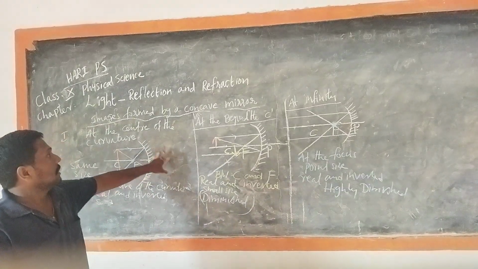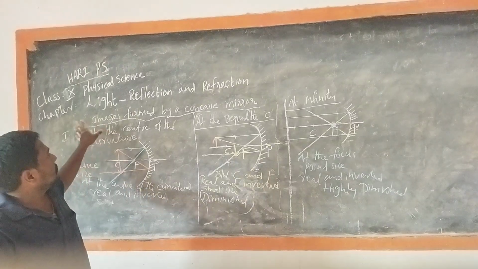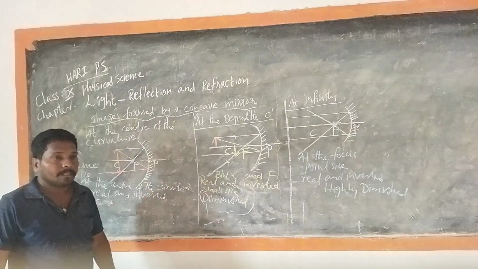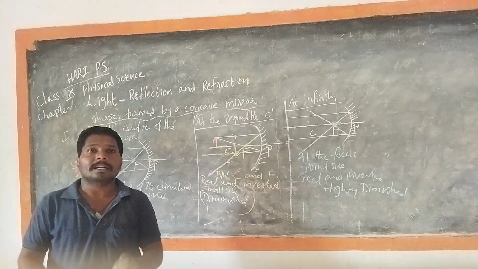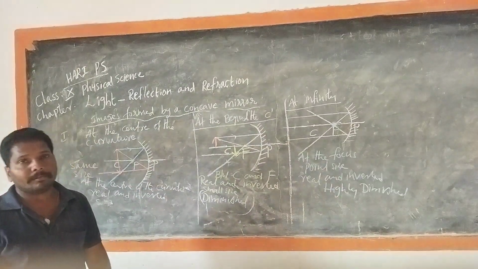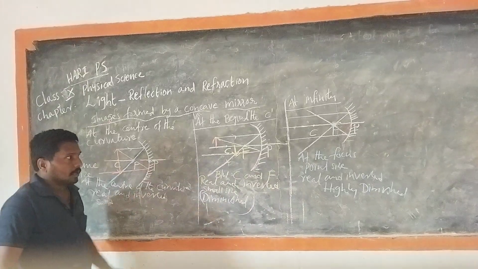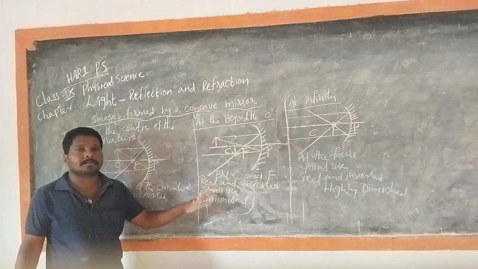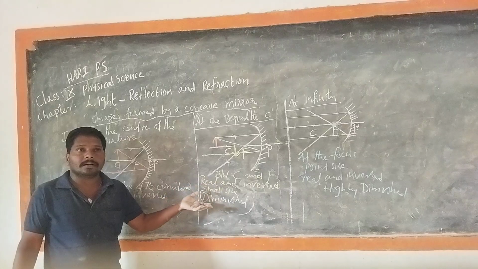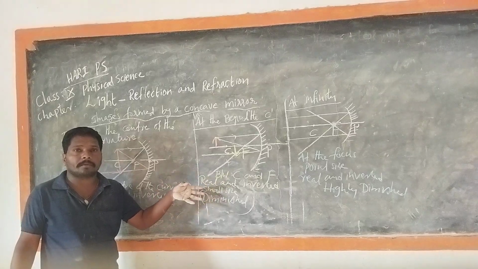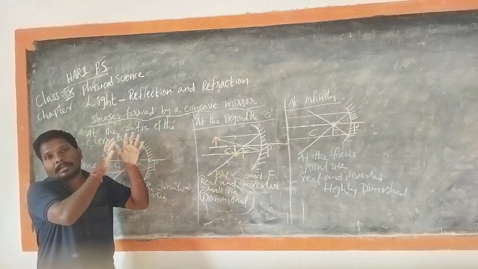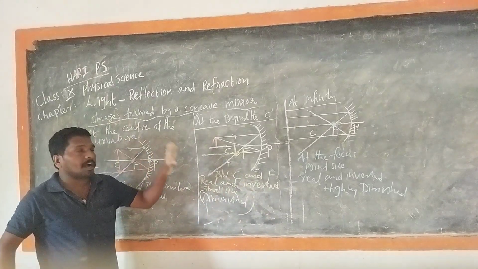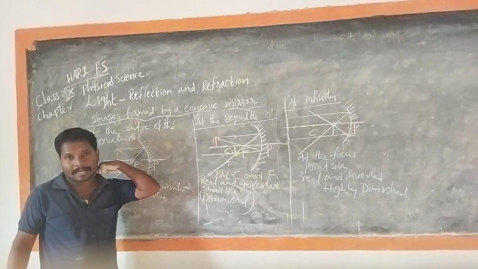These diagrams are called ray diagrams. While drawing ray diagrams for understanding the image formed by a concave mirror, you should follow the rules which were already discussed and draw correctly.